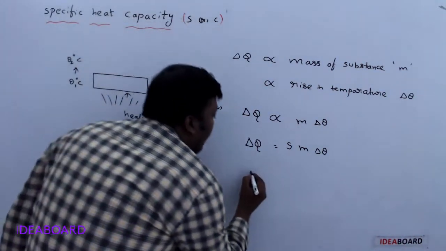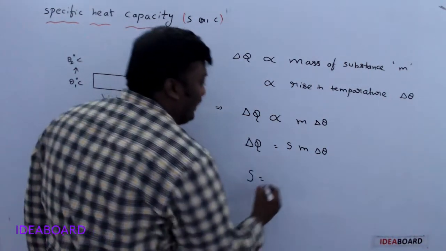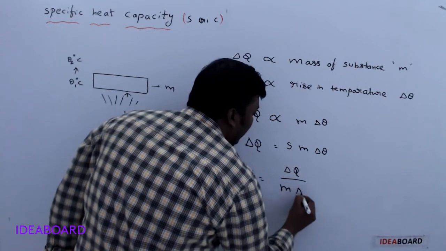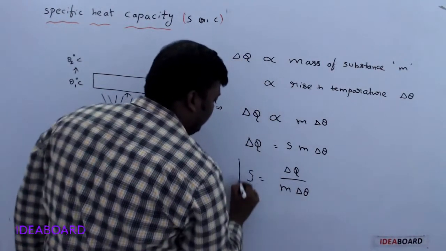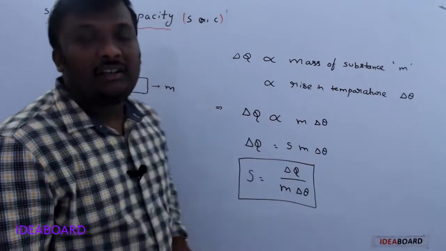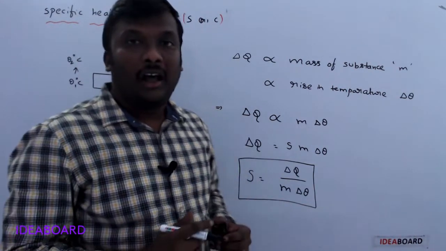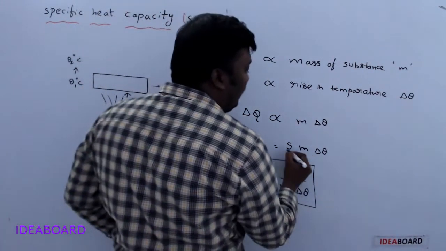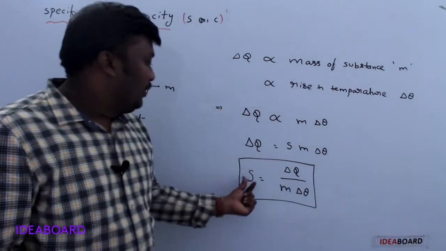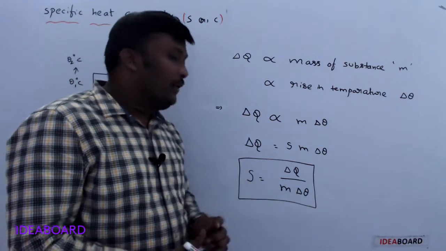So what is the formula for specific heat capacity? S is equal to delta Q by M delta theta. Understand now? So the amount of heat required is M S delta theta. Clear?